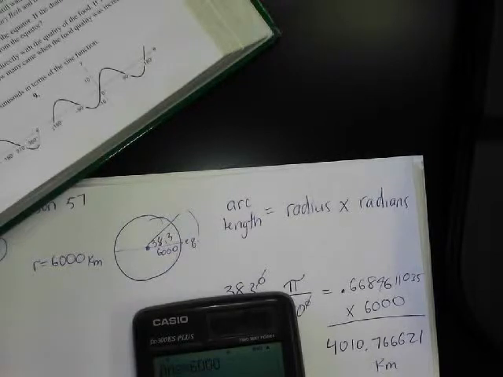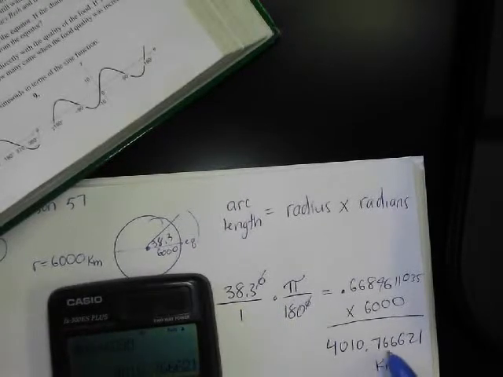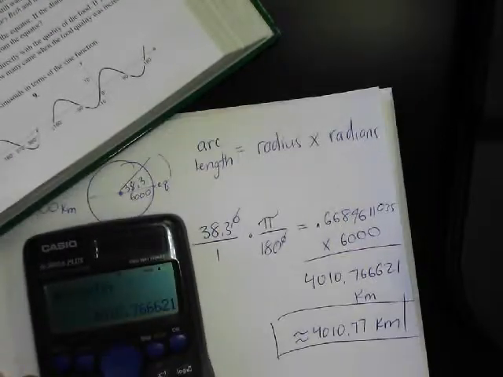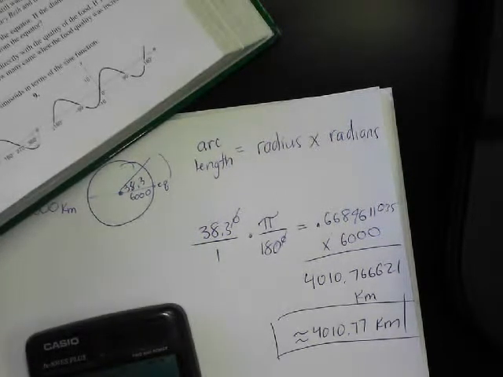They just called it 4,010.77. So they rounded it to 2 decimal places. Is that okay? Radius times radians.